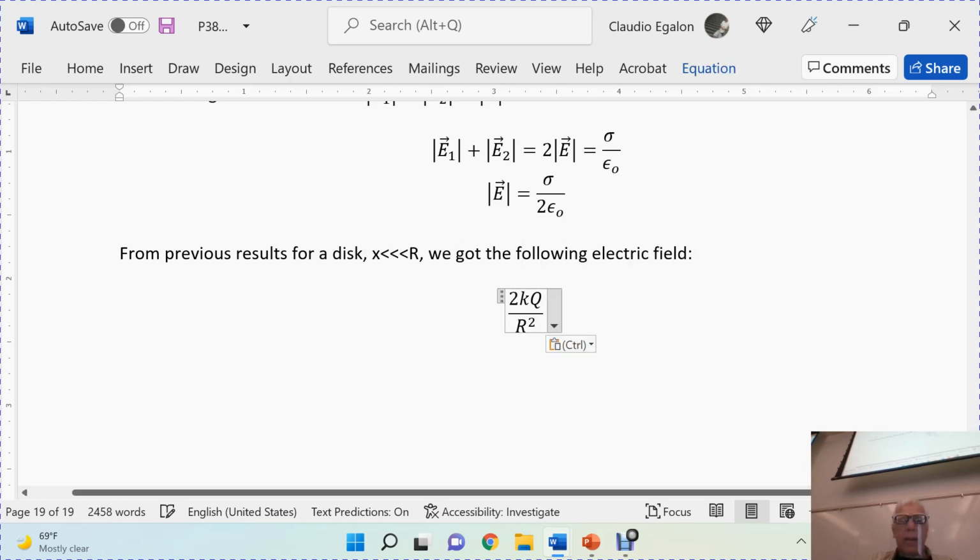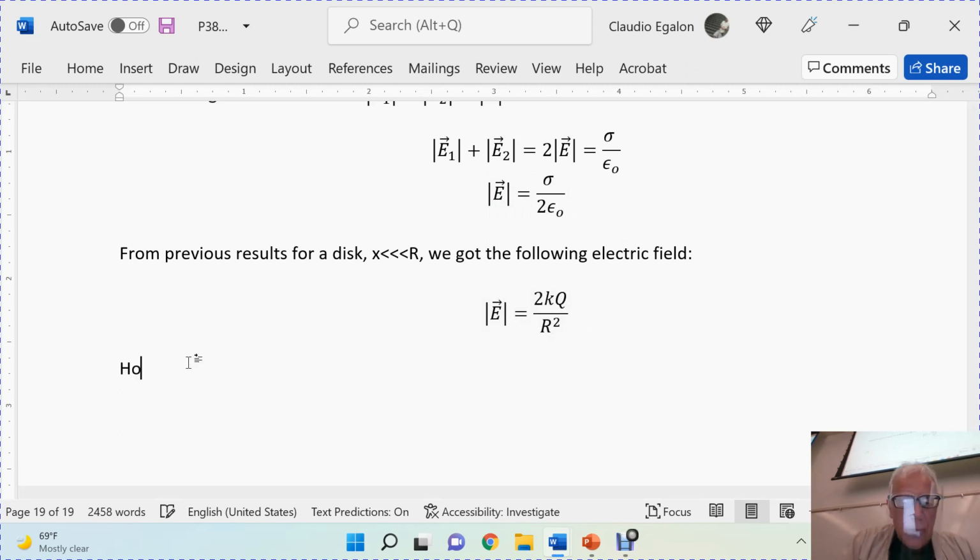We got something like that. This result should reduce to this one here. So let's see if we can do that. Let's not forget that R is the radius of the circle and Q is the charge.